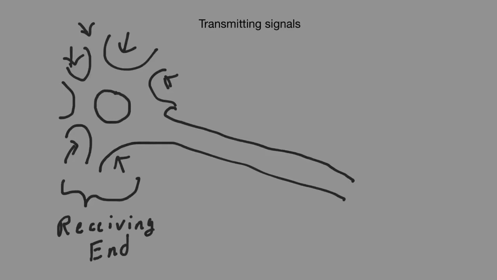Okay, and this big branch is called the axon. Okay, and the axon is the end that sends signals.